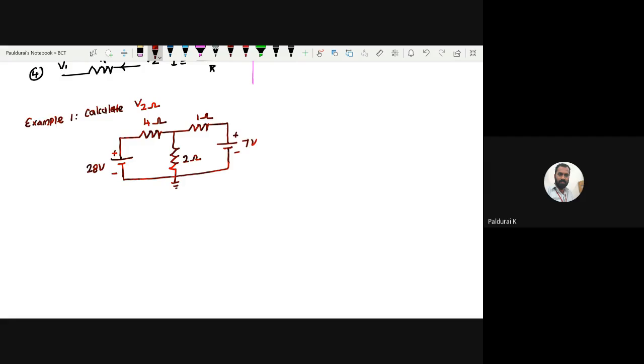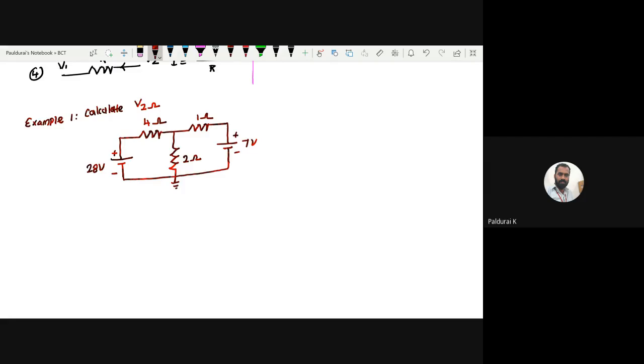Mesh analysis, nodal analysis. What is the difference? Actually, whatever we find with the help of mesh analysis, the same thing can be obtained using nodal analysis also. This is another way to analyze the circuit. Okay, there is no more difference. Whatever current comes in mesh, the same current must come in nodal. But they are different ways of analyzing the circuit.